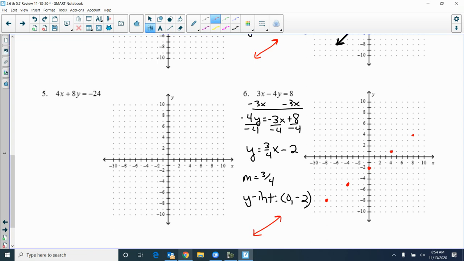Okay, so I get those points. And then plot those, and then draw that line through there. All right, flip it over on the back.